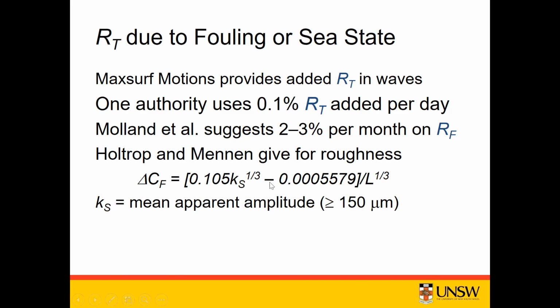But once you've calculated the delta CF from these dimensional parameters, the delta CF becomes non-dimensional, and so you can use it with any consistent system of units. And typically the lowest mean apparent amplitude on a new freshly blasted hull, primed and coated, is 150 micrometers.